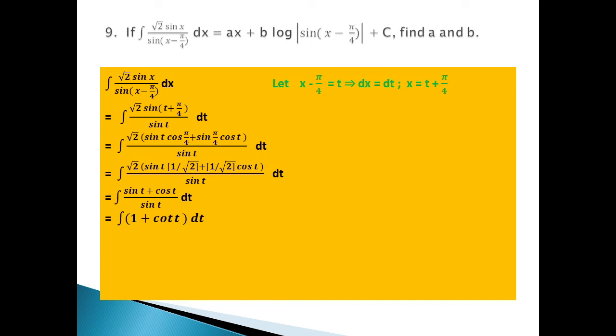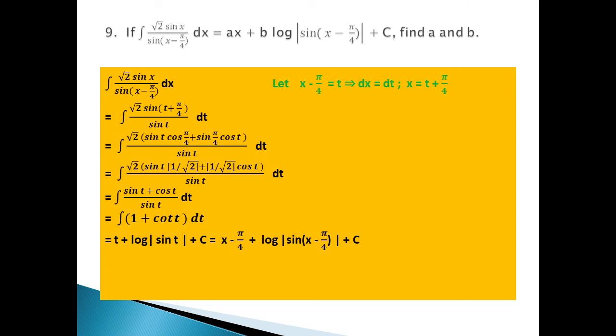Now this is again a direct expression. Integration of 1 gives me t and integration of cot t gives me log of sine t plus c, which when I substitute the value, like I said earlier also, you cannot leave your answer in the second variable, you have to be in the original format.